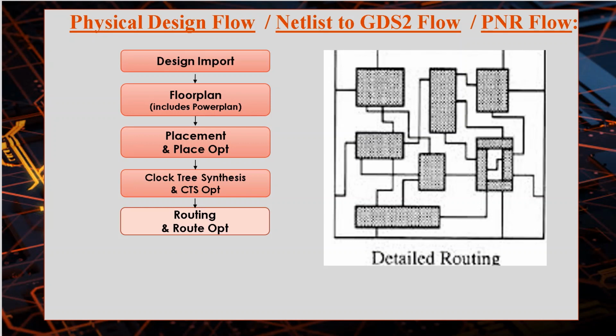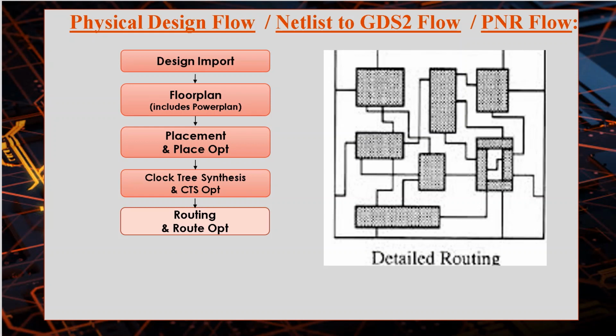The signal routing is done taking care of the design rules, signal integrity, and other parameters. After the actual signal routing, the net length may increase, which may result in timing and DRC violations. So again, optimizations are done by the tool to achieve a good quality of results in the route opt stage.